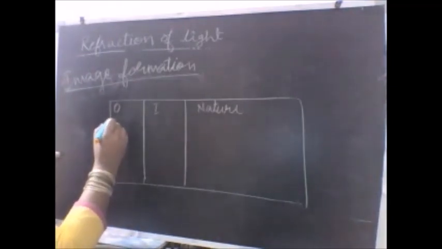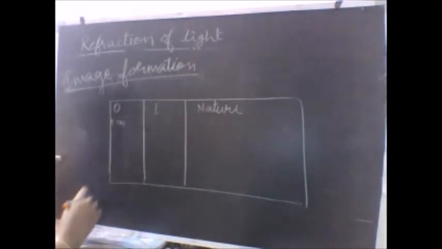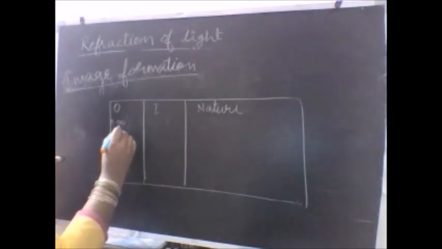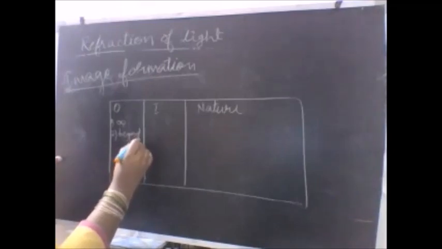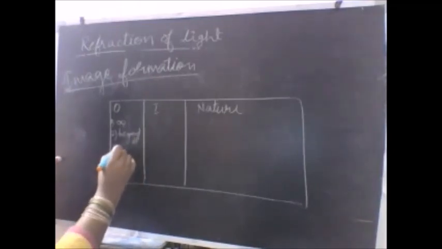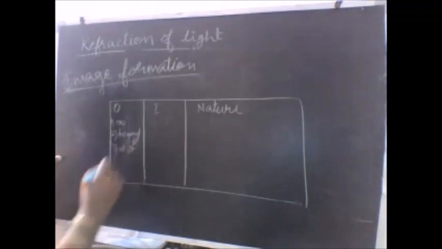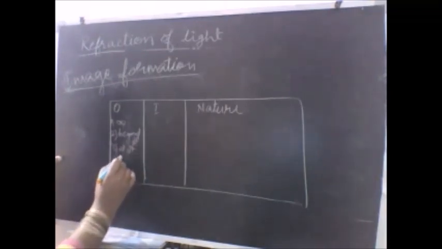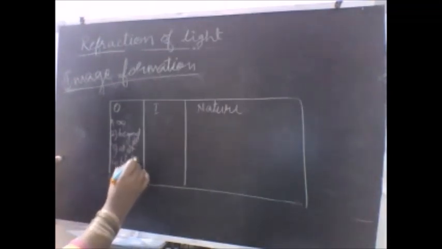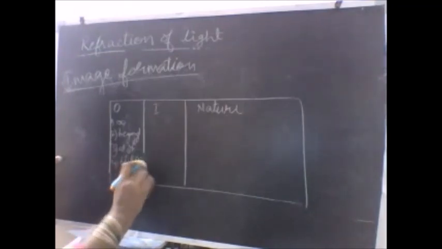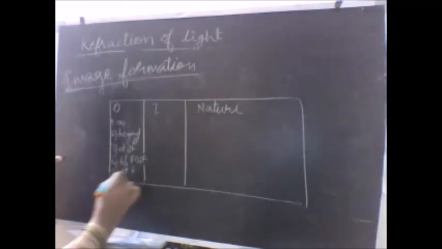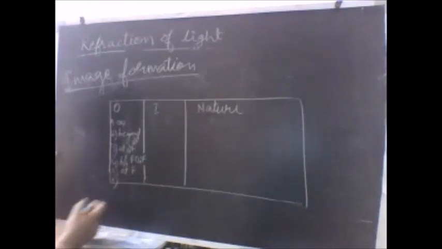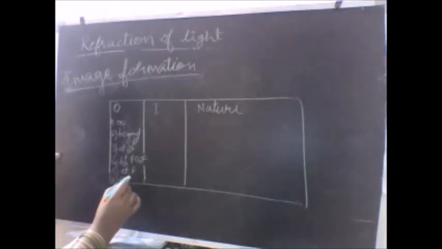So first, at infinity you have to take the object. Second, beyond 2f. Third, you have to take at 2f, and the fourth one is between f and 2f, and the fifth one is at focus, and the last case that you have to try is between f and optical center.